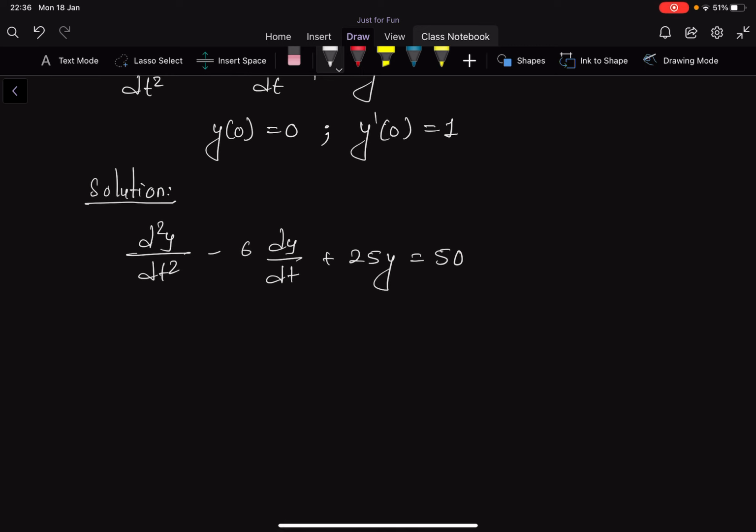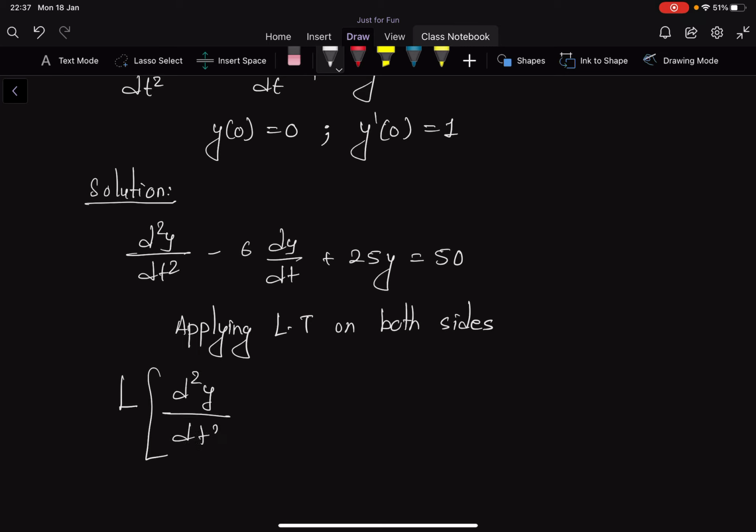The first thing we are going to do is apply Laplace transform on both sides. Let's use the symbol L, which stands for Laplace transform: L of d squared y over dt squared.